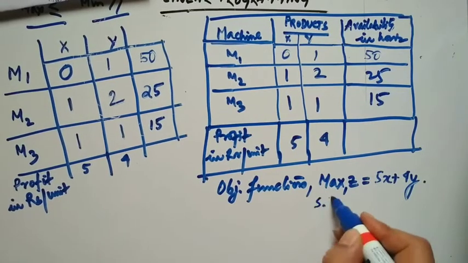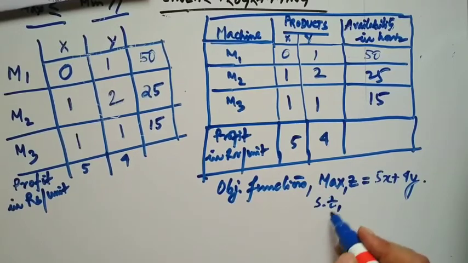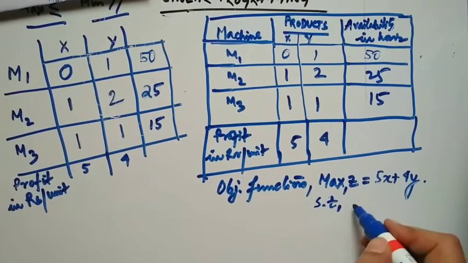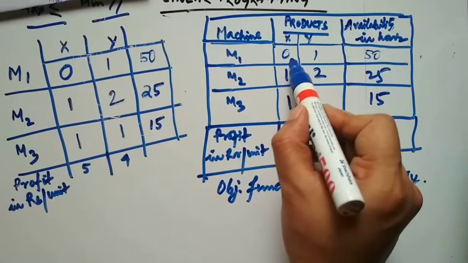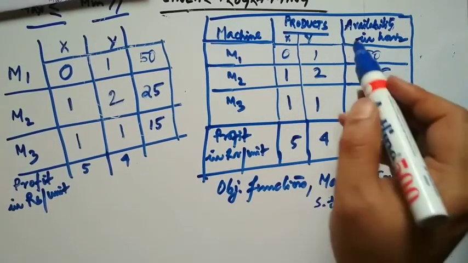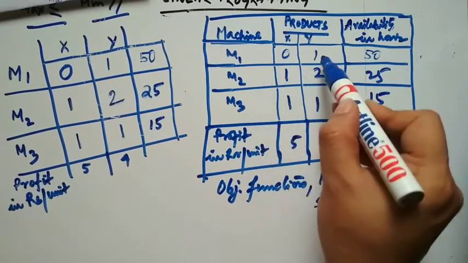Now, subject to constraints. What are the constraints? For machine M1 we have 0 into x and 1 into y.